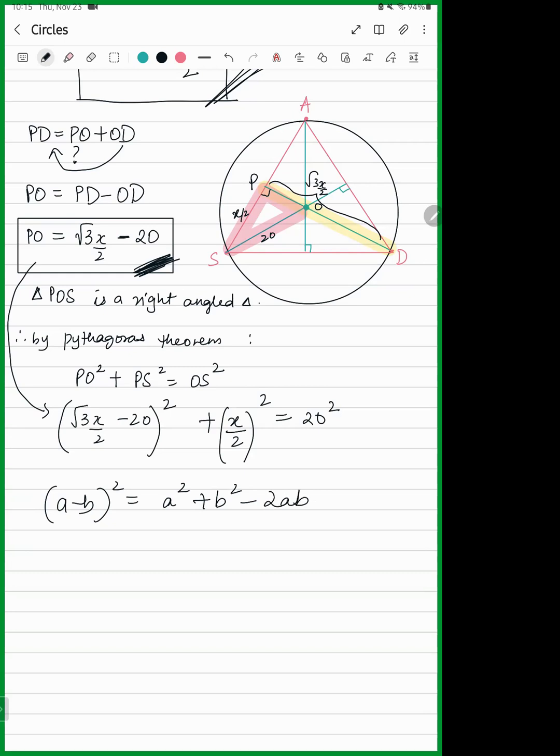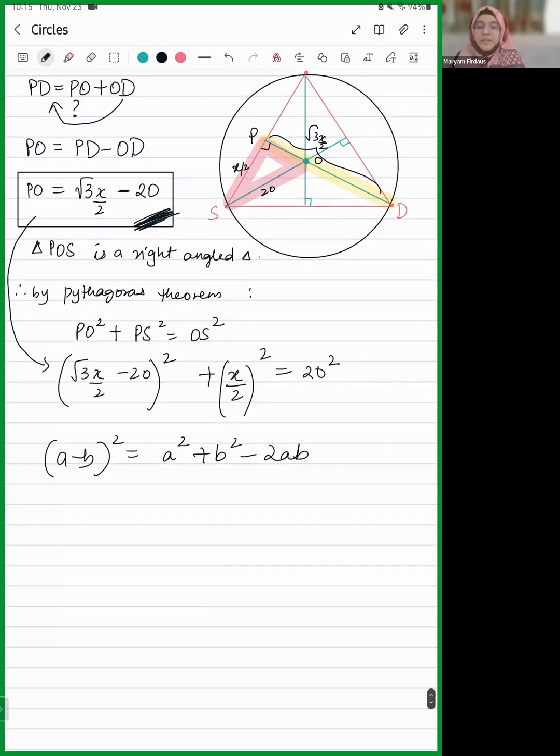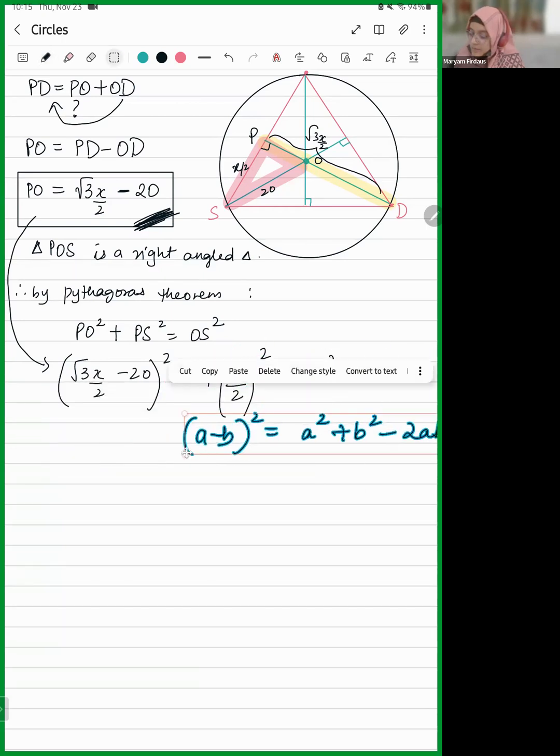Keep revising your previous chapters, okay? And anyway, Avni, you have polynomials in your upcoming test, and this is there in that chapter. Yes, ma'am. A square plus b square minus 2ab. So let's remember this thing and keep it over here somewhere.